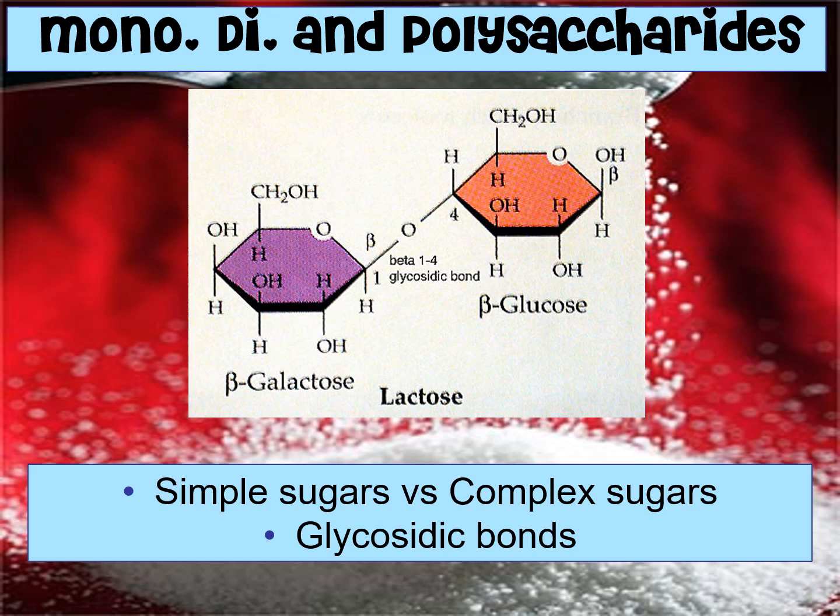What holds the two monosaccharides together to make a disaccharide? That is what we call a glycosidic bond. It's a covalent bond between the two sugars. And of course, if you put a whole bunch of disaccharides together, you will get a polysaccharide. But every time that you do that, you will lose water when you join a monosaccharide to something else.